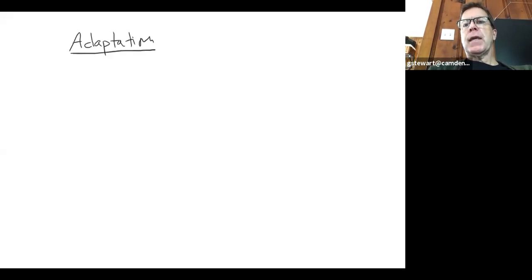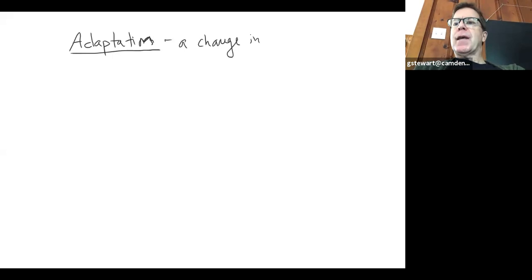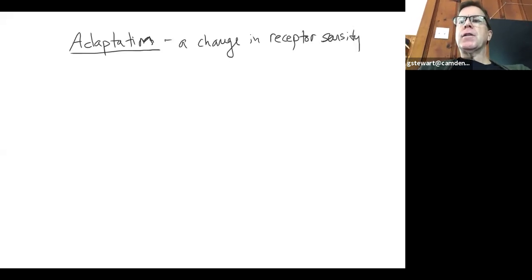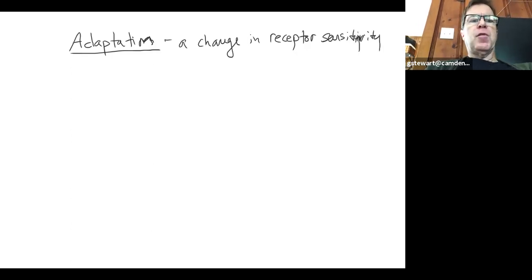Adaptation is defined as a change in receptor sensitivity. After I read out the definition, if I give you an example, you'll know what this means. You might know what it means already. A change in receptor sensitivity in the presence of constant stimulation.